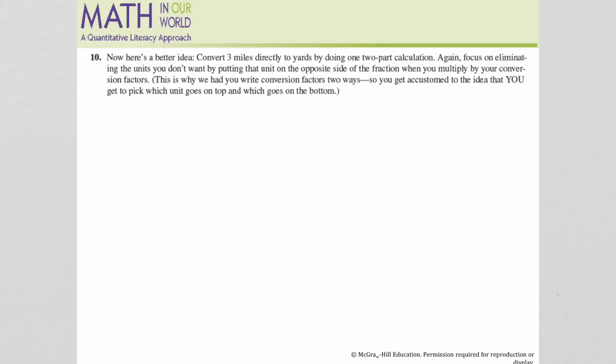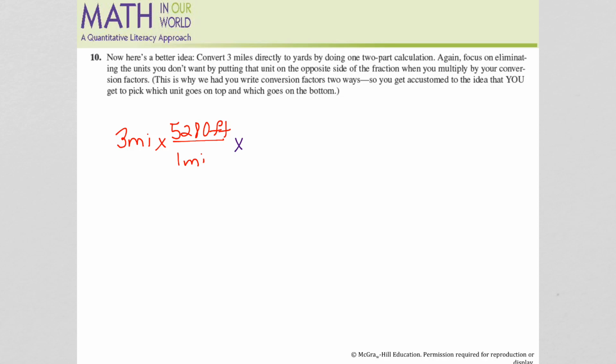What if we want to convert 3 miles directly to yards by doing a 2-part calculation? Okay, same type deal. It's just this time we're going to take our 3 miles and multiply by the fact that there's 1 mile, or 1 mile is the same as 5,280 feet.